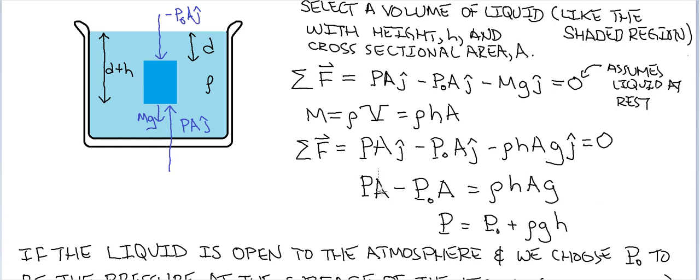Notice that there is now an A in each term, and so we could say that the pressure at the bottom is equal to the pressure at the top plus rho g h. Hooray! This equation is going to be very useful to us. In fact, perhaps useful enough that we should set it aside a little.